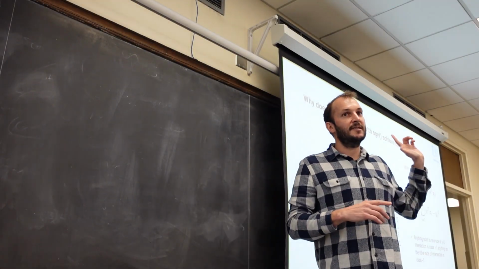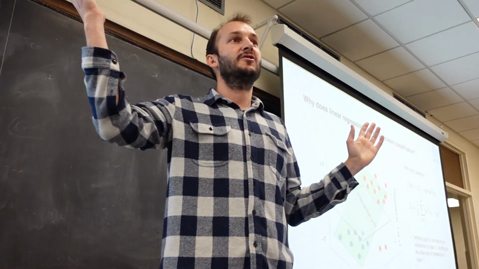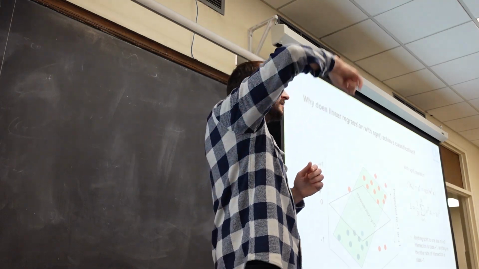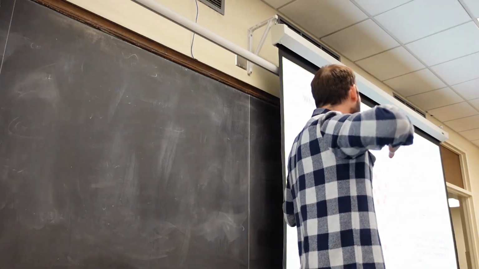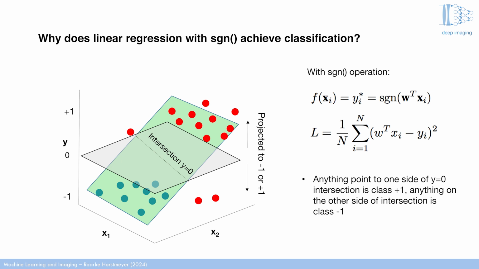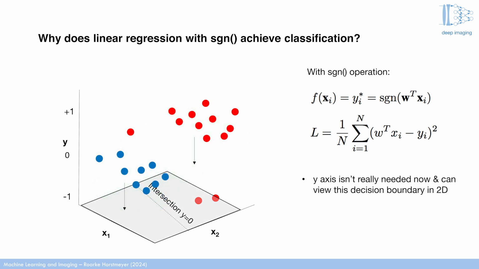So you still are solving for this plane of best fit in this 3-dimensional space, where y is the third axis when you do classification. But it really boils down to a 2-dimensional problem where you're after the intersection of the plane you're solving for, w, and this y=0 plane, which is this dashed line, which I'm just drawing as an intersection line. And so usually when I was plotting those 1s and 5s, we don't plot a 3-dimensional plot where y is an additional axis.